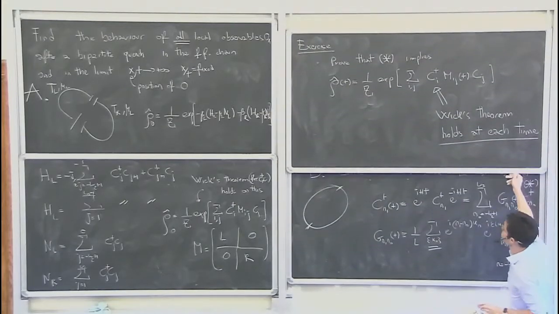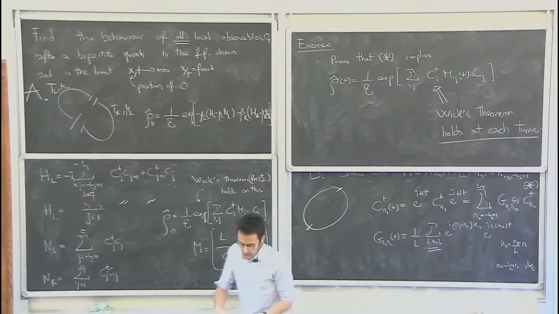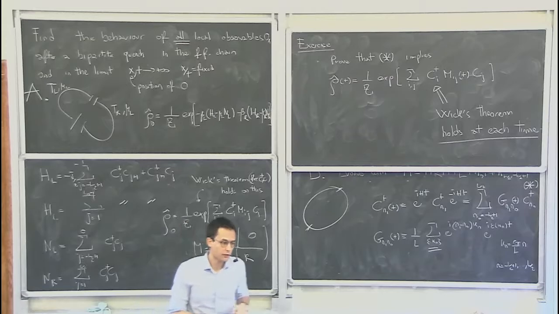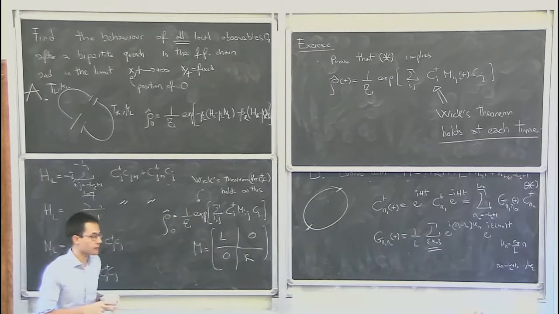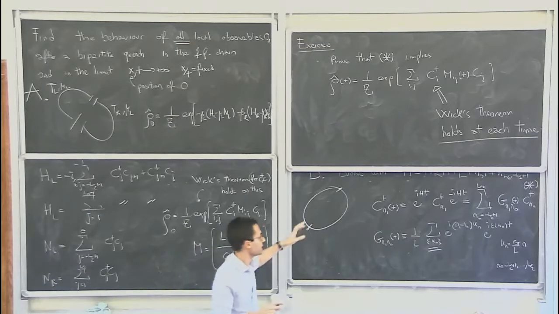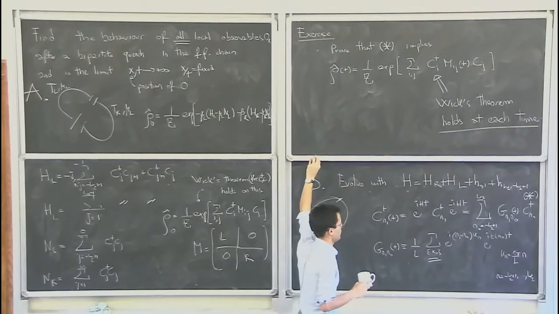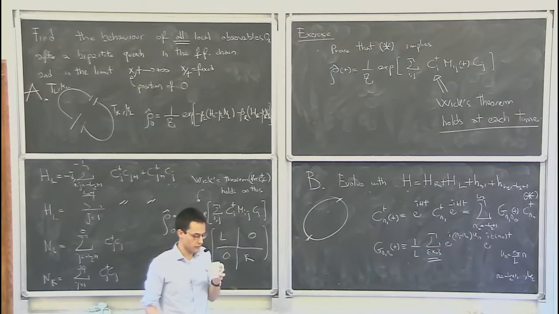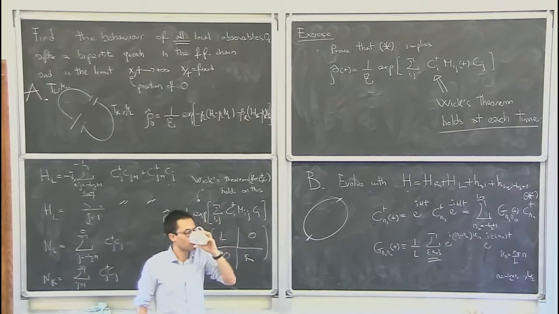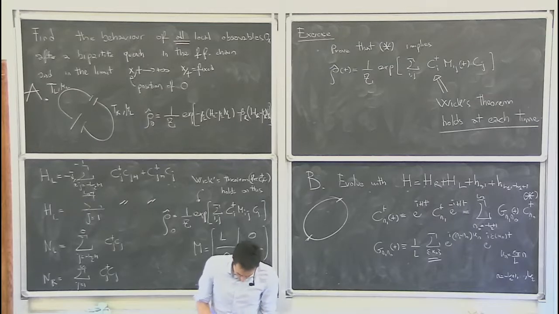Good? So this means that if we want to compute the expectation value of all possible local observables, we can just restrict to consider quadratic operators in the fermions. Okay, 2-point functions of the fermionic operator. Good.